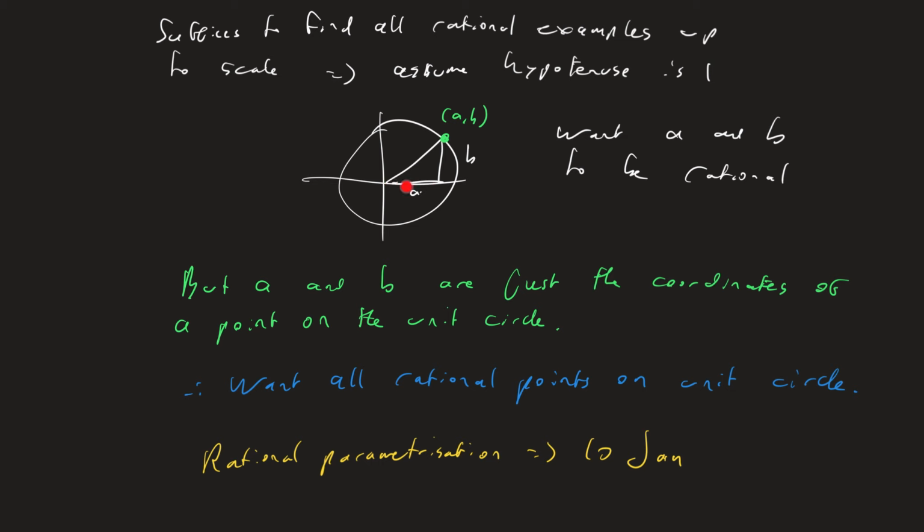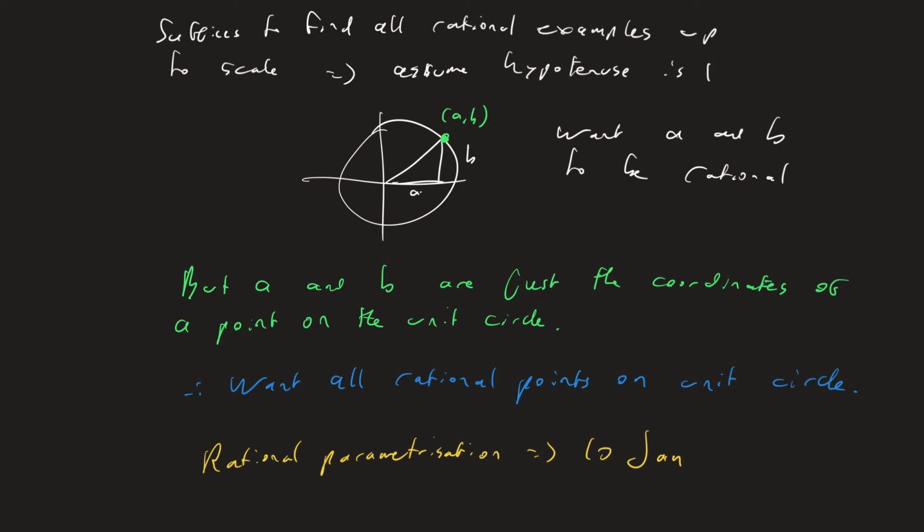In this diagram then, we want the point A, B on the circle to have rational coordinates. Here A is the length of this side and B is the length of this side, and that corresponds to a point specified by its xy pair, so to speak, A, B. From this diagram, we see that finding a triangle with rational lengths is the same as finding points on the unit circle with rational coordinates.